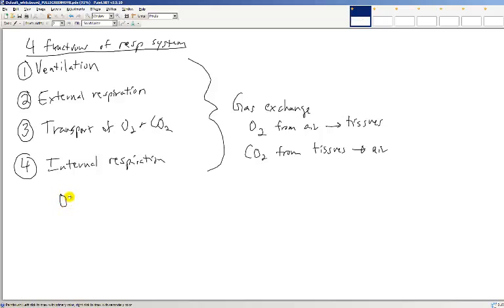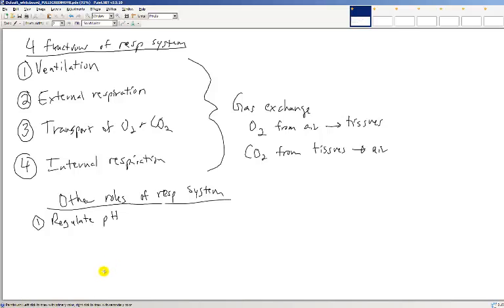But there are basically two other things that the respiratory system does for our bodies. So one is that it helps regulate pH.